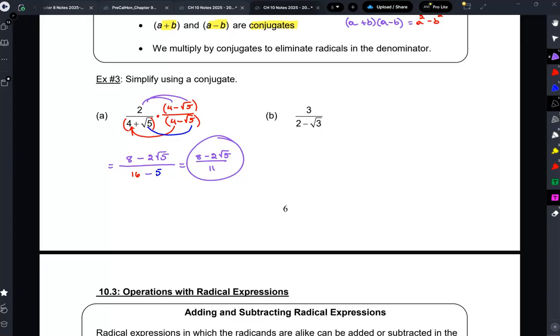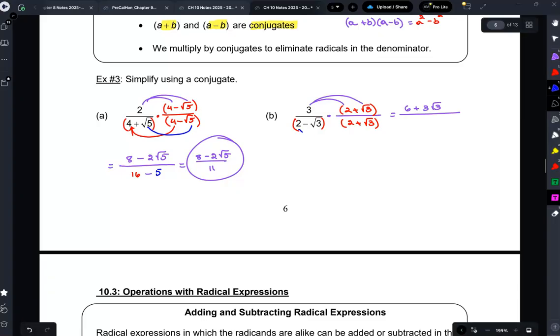Okay, let's do another one. What am I going to multiply this by? The conjugate, 2 plus root 3. So, let's see. Here we distribute: 6 plus 3 root 3.